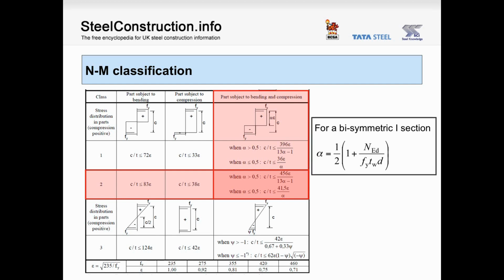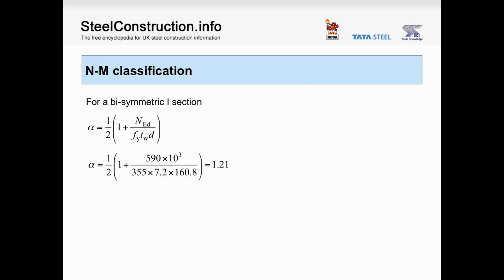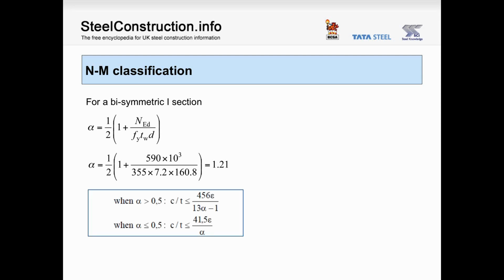We have an expression for alpha, which depends on the applied axial load and the resistance of the web. So substituting the applied axial load, 590 kilonewtons, and the dimensions and the yield strength for the web, alpha is determined to be 1.21.